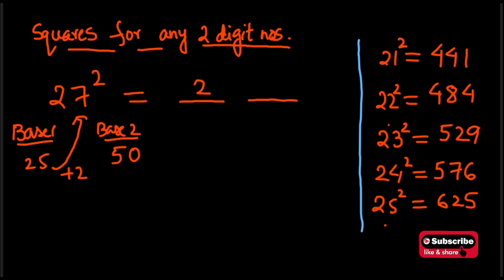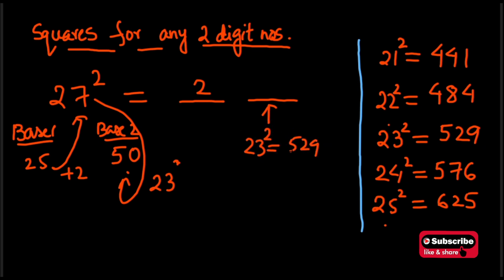Next we have to calculate how much 27 is from 50. The difference is 23, and for the last two digits, what is 23 square? Remember, it is written there as 529, but as I have said, it will be a three-digit number. 5 will be carried over and 29 will be there, so the answer is 729.